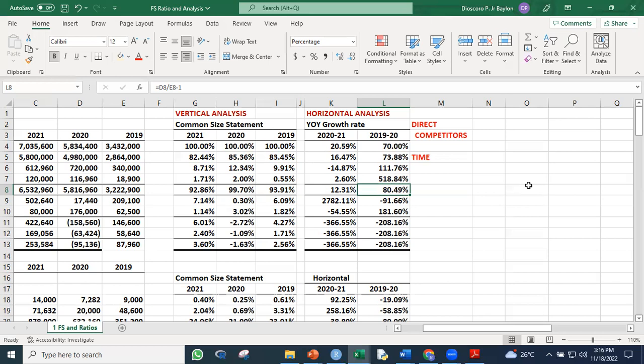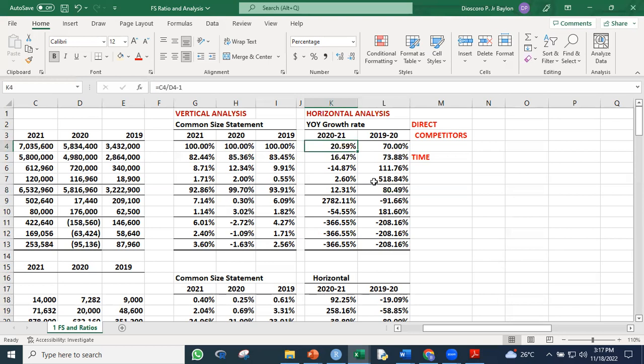Okay. So we have to look at direct competitors, and secondly, we have to look at time. Okay. So what do we mean by time? Yung growth rate can be. So from 2019 to 2020, this company increased by 70%. However, in 2020 to 21, they only increased by 20.59%.